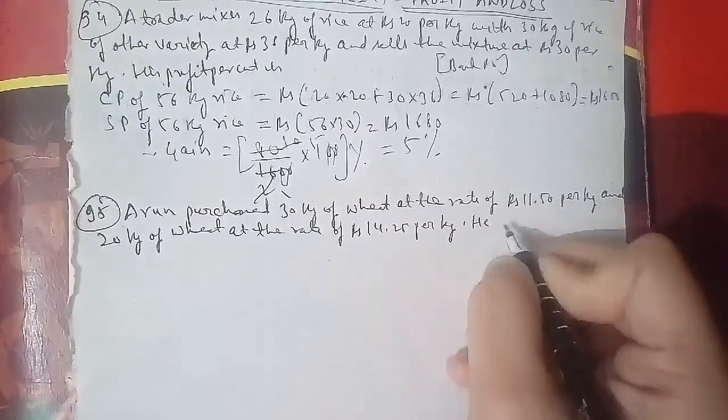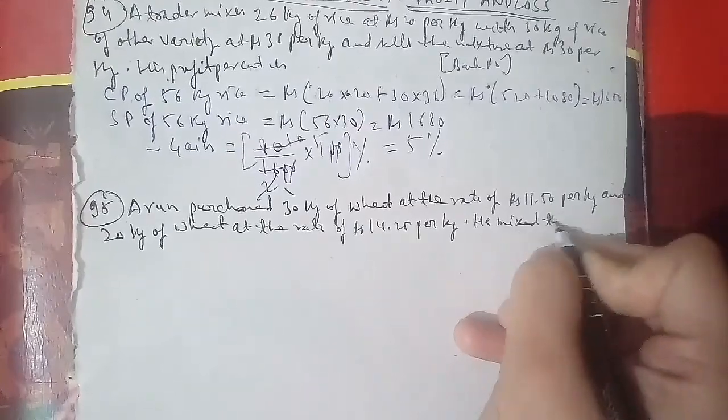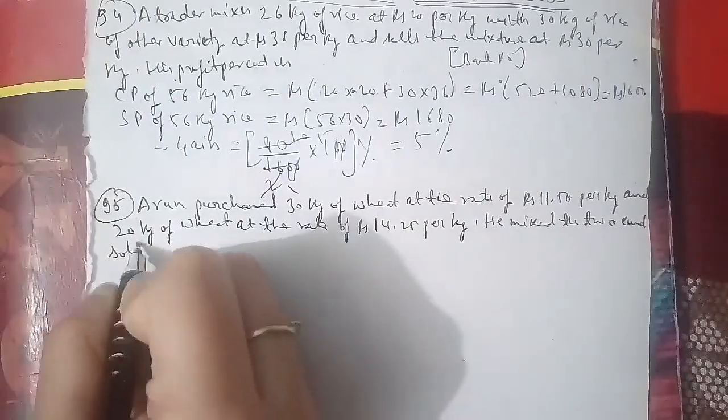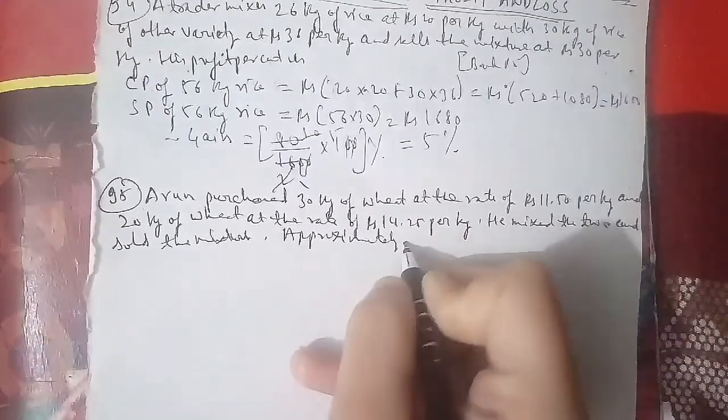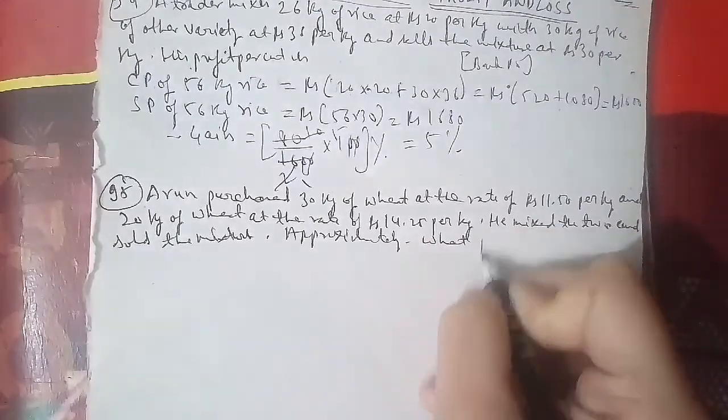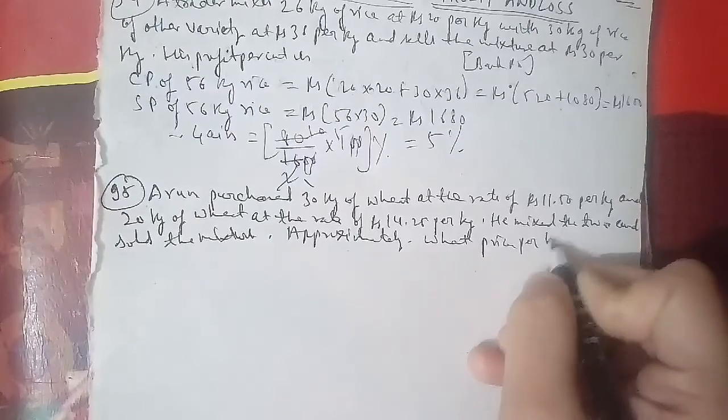He mixed the two and sold the mixture. Approximately what price per kg should he sell the mixture to make 30% profit?